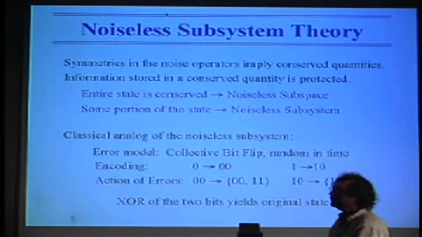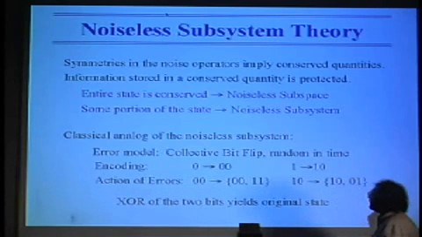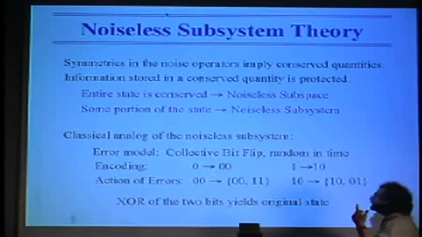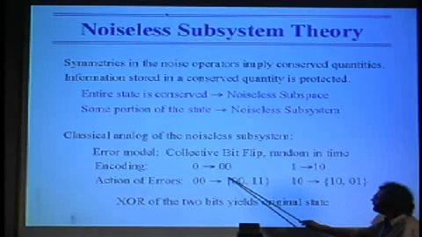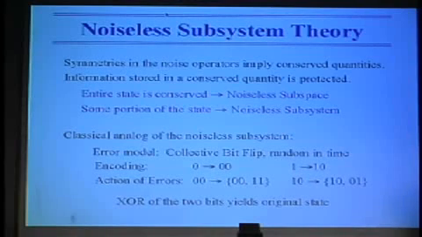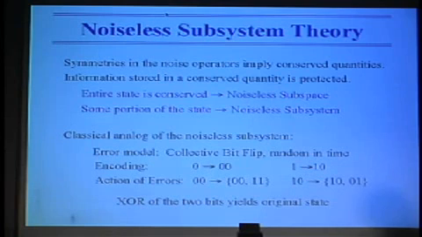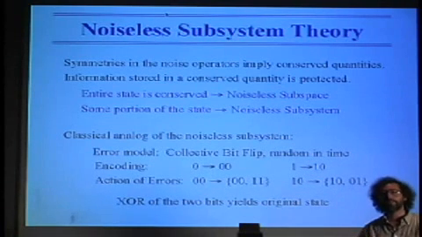So imagine that I have two qubits, and the only error that happens is that both of them flip. If we did that, then we could code our information classically into symmetric and anti-symmetric subspaces, and the error would never mingle those. And so we could save our information in essentially the parity of a set of states. And in this case, of course, the noise is not preserving the state. It's preserving the conserved quantity of the parity of the two joint states.